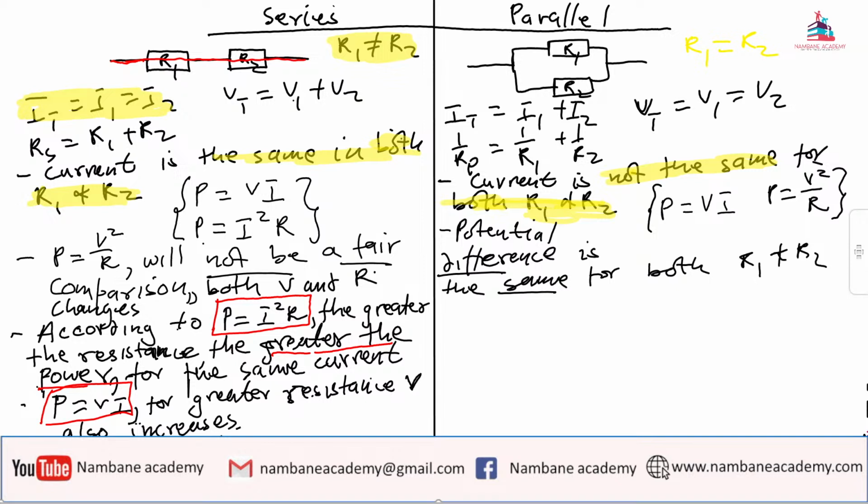You continue with the sentences that are there. You add the second equation, which is now what? P equals VI. You also explain that the greater the resistance, the V also increases. And for the same current, the one with a higher voltage will give us a higher power, or a greater power.